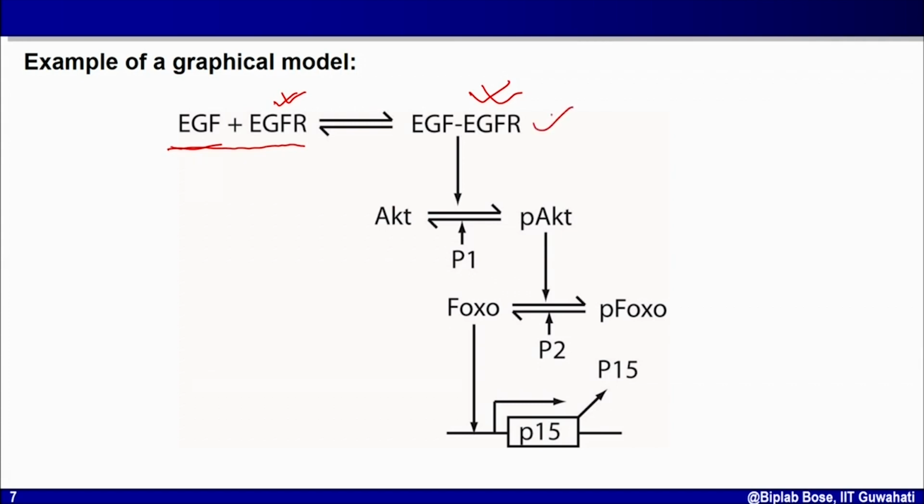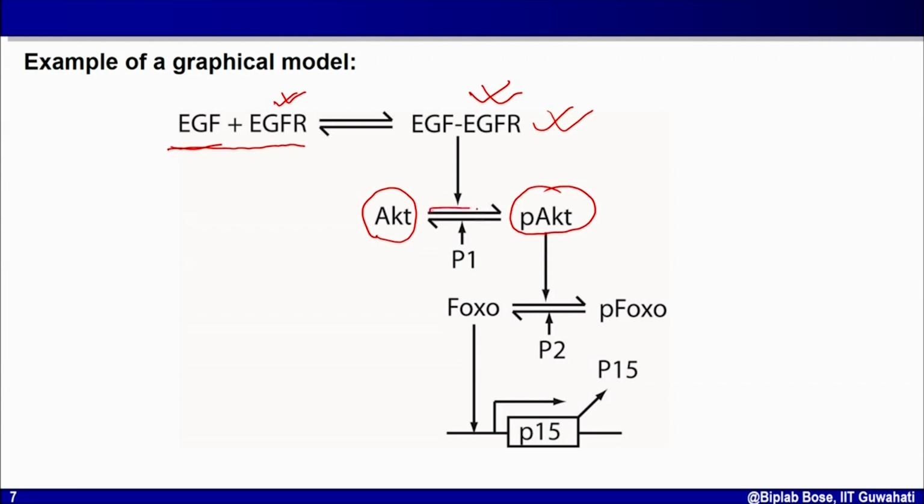Once this complex has been formed, it triggers multiple processes. We have not shown all these processes. What happens after the activation of these multiple processes is that AKT, which is a kinase, gets phosphorylated. So rather than showing all the processes involved, I have just shown an arrow, and here AKT is the substrate which becomes phosphorylated to PAKT.